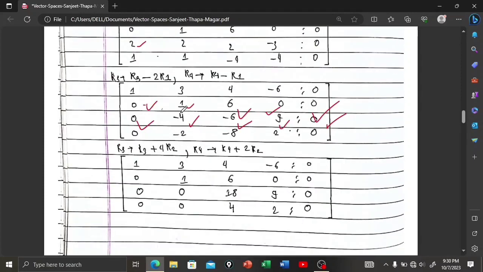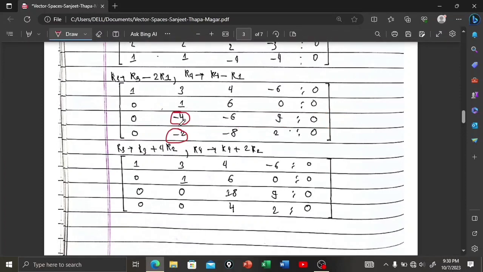Now we try to make 0 here and here with the help of this R2. To make 0 here, this is R3, so R3 plus 4R2, minus 4 plus 4, 0. So in R3 plus 4R2, the first and second rows stay as they are.